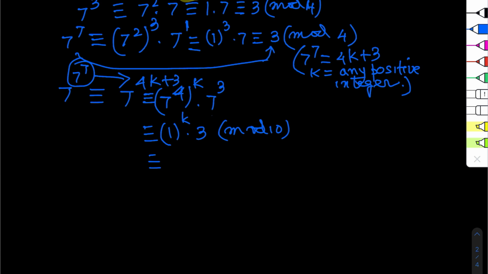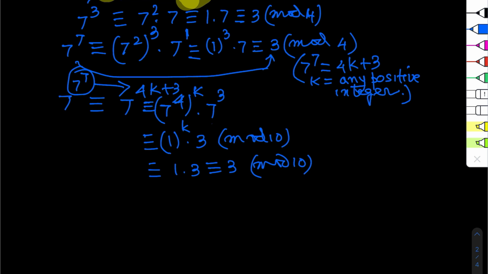So clearly 1 into 3, so 3. In this algebraic way also we get 3 as the remainder. So 3 is the last digit. So the last digit of 7 to the power 7 is 3.